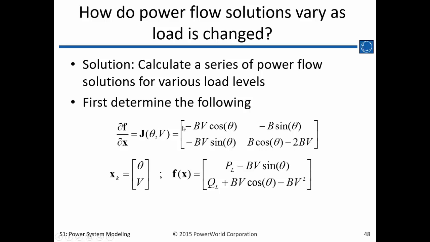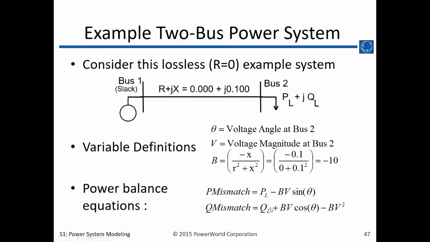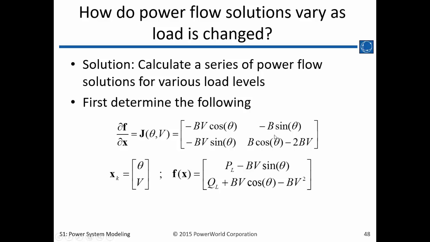This is our Jacobian. So we now take each of these two functions and do a derivative of the function, first with respect to theta, then with respect to the voltage. And so we end up with minus BV cosine theta, minus B sine theta, minus BV sine theta, and B cosine theta minus 2BV. So this becomes our Jacobian.